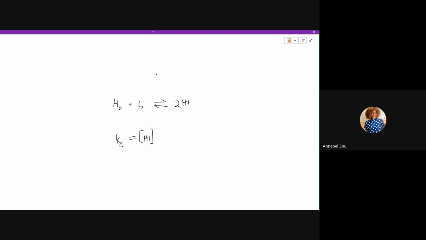The bracket represents concentration, and this 2 will now be written as a power. So this refers to the concentration of hydrogen iodide, to the power of 2.